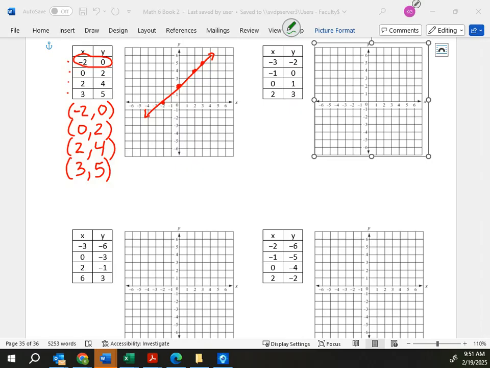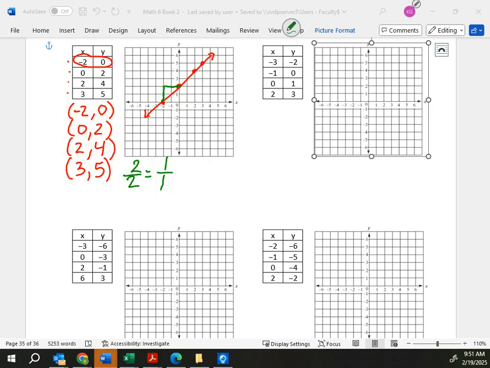So here, I know that I go up 2 and over 2. That is my slope. Right? The slope is 2 over 2. I can simplify that down to 1 over 1. So I can go to any of those points, and I can say, I know my slope is 1 over 1.